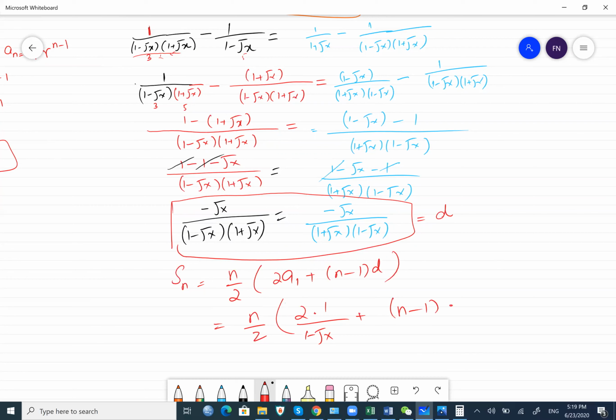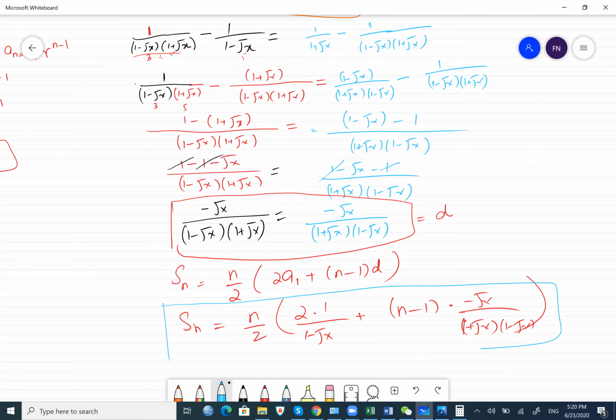Now the common difference we have just figured out is this one. Simply substitute the things and that is your answer.